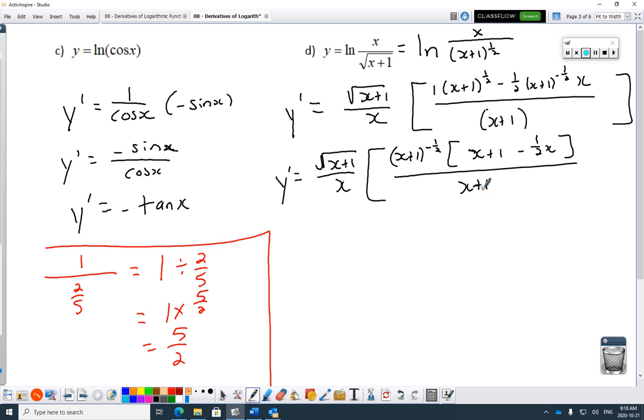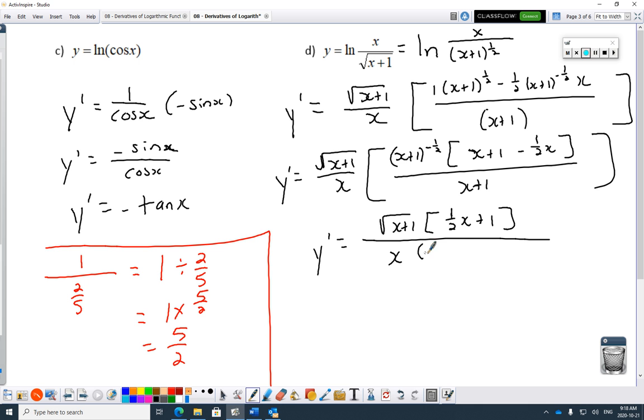I almost said simpler, but maybe simpler is not the right word for what's going on here. Let me do some tidying up here, and you can tell me what you think. Okay, so that's still up in the numerator. My square bracket's still up in the numerator, and I get 1/2 x plus 1, because x minus a half x is 1/2 x. Down in the denominator, I have x, I have x plus 1, and I have this root x plus 1 that I just discovered.